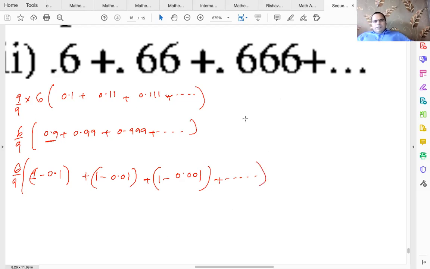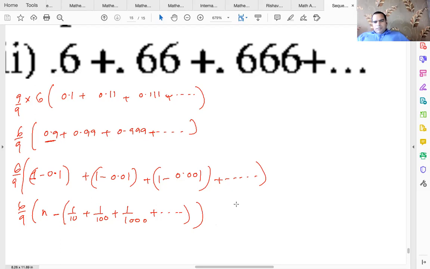Now what you notice is that you're adding 1 n times, so it'll be 6 over 9 times n, and if you add 1 n times, that's n. And minus: 0.1 is 1 over 10, 0.01 is 1 over 100, and 0.001 is 1 over 1000, and so on. Once again, you notice it's a geometric series.